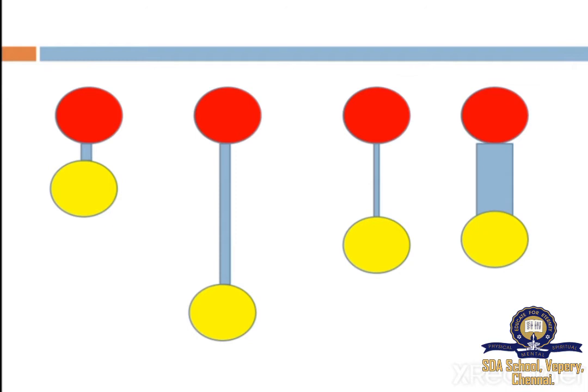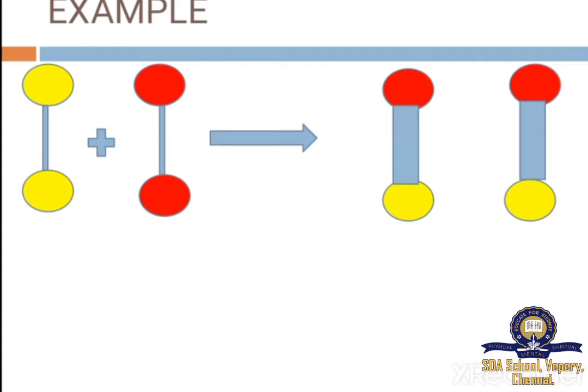Definitely no. For example, in this reaction, we have to break these bonds which are very thin and form these bonds which are very thick. Here, breaking or forming of bonds, which needs more energy?